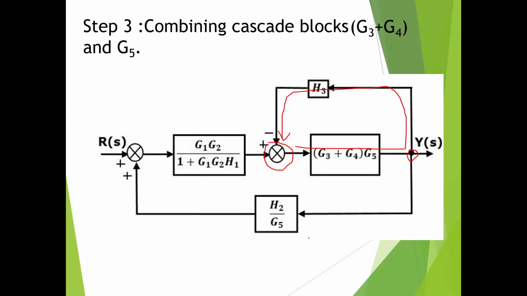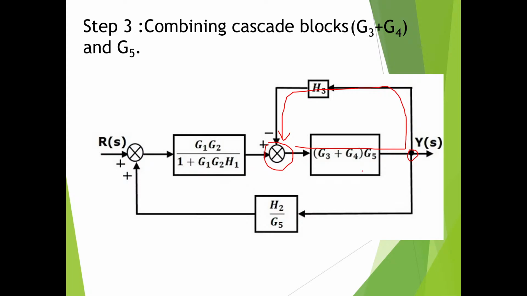Is this a parallel path or feedback path? Is H3 the feedback path gain or parallel path gain? You can mention in the chat box. What is your opinion? What do you feel?